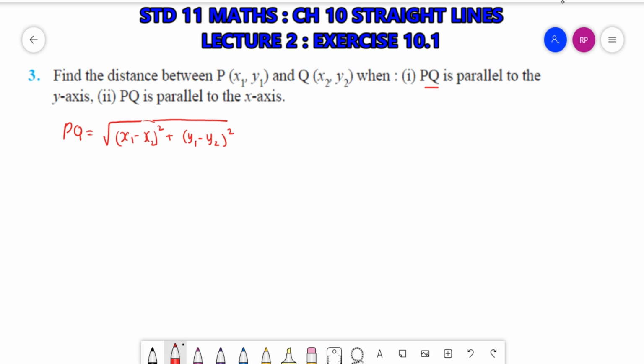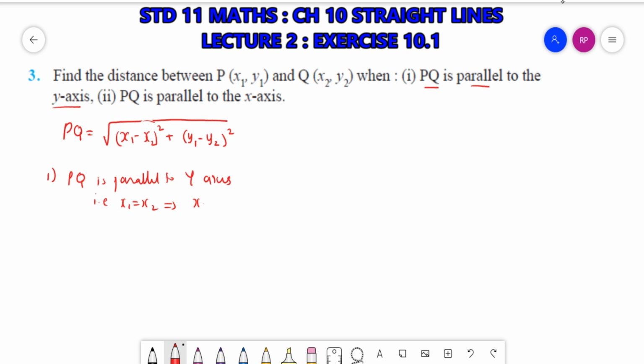Now say PQ is parallel to the y-axis. Case 1: PQ is parallel to the y-axis. Now see, when PQ is parallel to the y-axis, that means the x coordinates are the same, meaning x1 will be equal to x2.